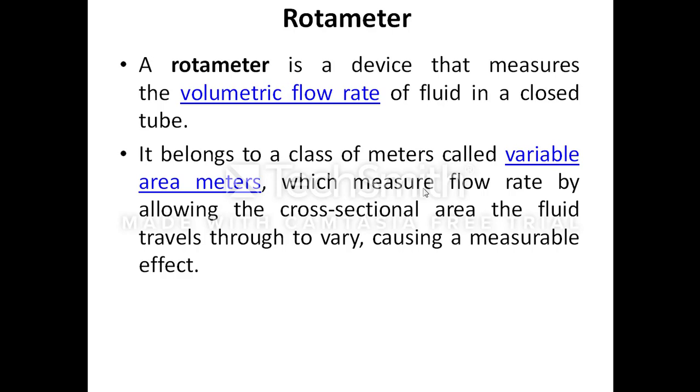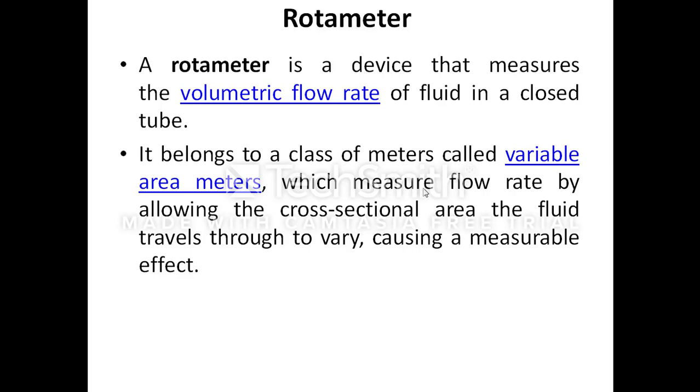Only then can they control the water flow. Otherwise, if you are not controlling or measuring the flow of the fluid or water, it will be either short of water in one place and flooded in another. So precise control is required for the flow rate of water or any fluid. This is the real-time application.